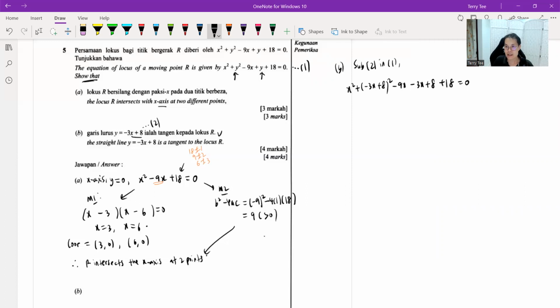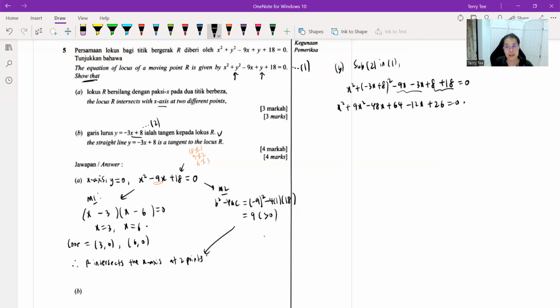So let's expand this. This gives us x squared, negative 3 squared is 9. I hope you can do 2ab directly: 2 times negative 3 is negative 6, negative 6 times 8 is negative 48. And 8 squared is 64. Well, minus 9 times minus 3 is minus 12 times... 8 plus 18 is 26.